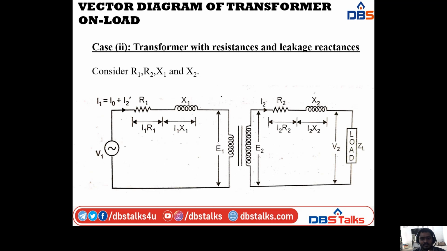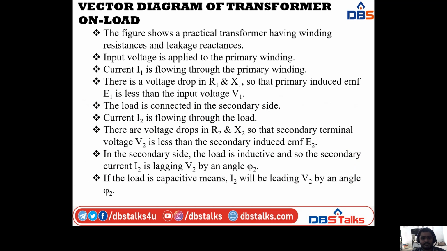Okay. Next, here I am drawing a vector diagram for the second case. The figure shows a practical transformer having winding resistances and leakage reactances R1, R2, X1, X2. The input voltage is applied to the primary winding, so current I1 flows through the primary winding, and there is a voltage drop in R1 and X1.